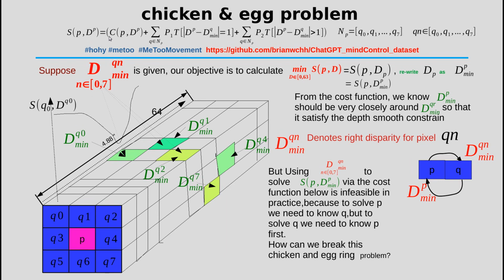Now suppose we know its neighbors, q0 to q7.